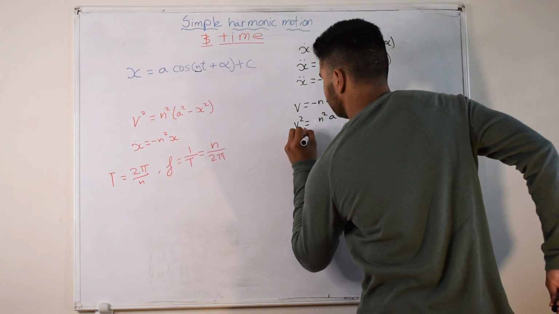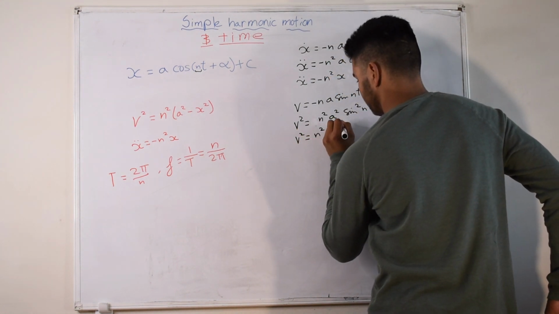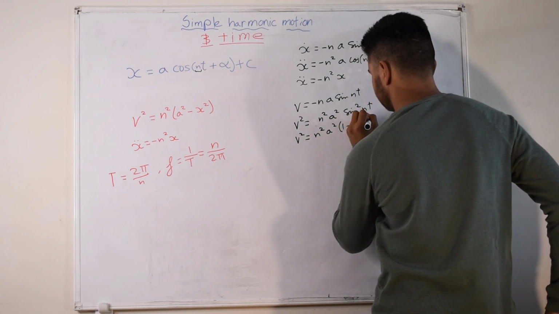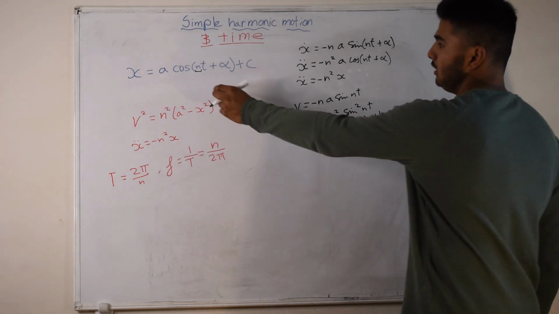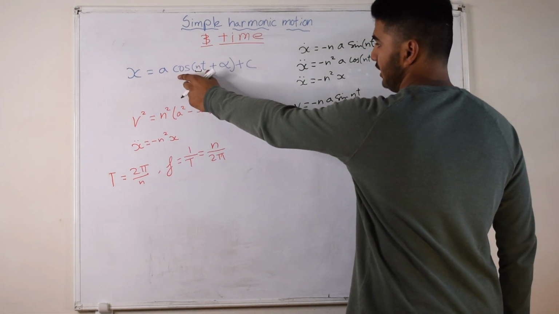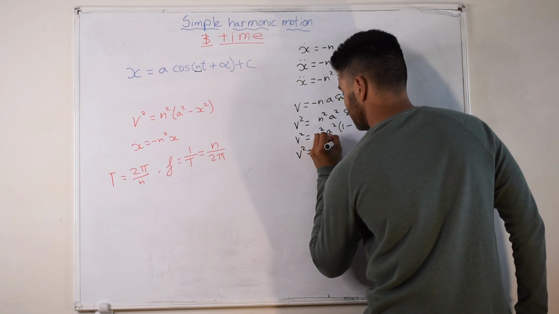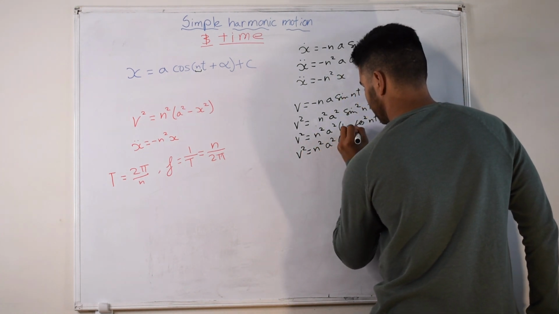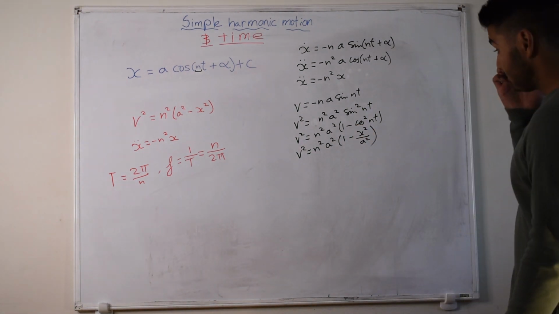So v squared equals n squared a squared (1 minus cos squared nt). Coming back to this, cos squared nt is x squared upon a squared, so we get v squared equals n squared a squared (1 minus x squared upon a squared). Correct?